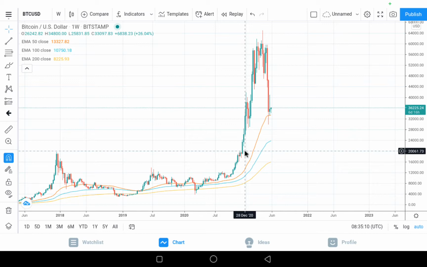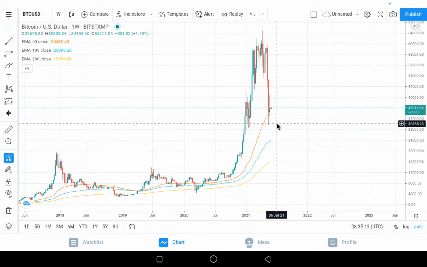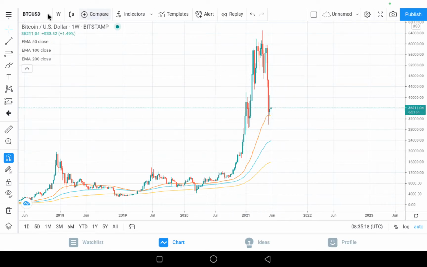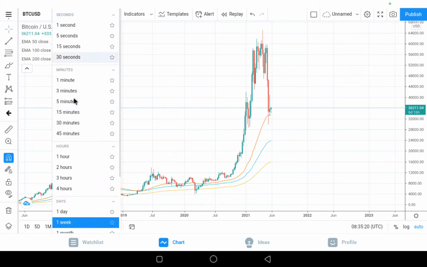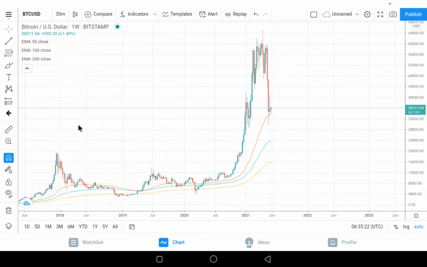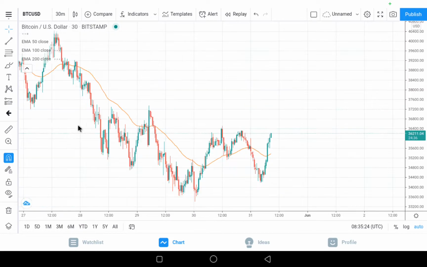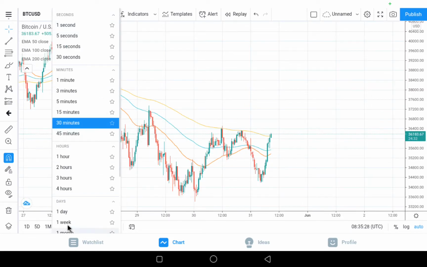So if we break below this, it's between 24 and 20. If this becomes an ABC correction, which is where my analysis may become a little bit complex, maybe one day.